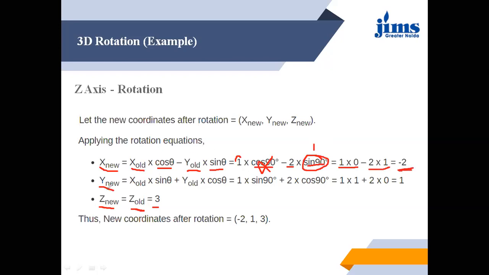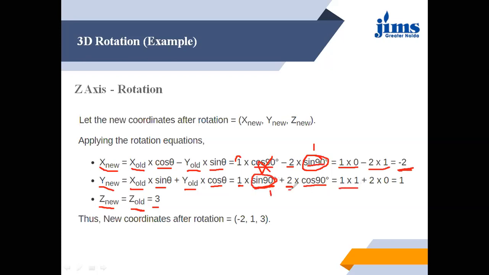When we find the new value of the y coordinate, it is x old multiplied by sin theta plus y old multiplied by cos theta. The value of x old is 1 multiplied by sin theta. Theta is 90, so this is sin 90. The value of y old is 2 and cos theta, that is cos 90. Sin 90 is equal to 1, so 1 multiplied by 1 is 1.